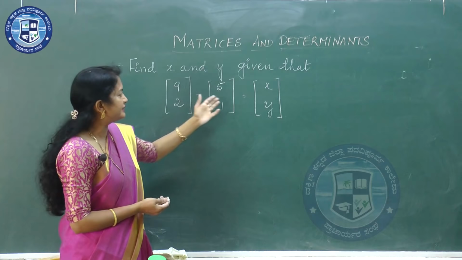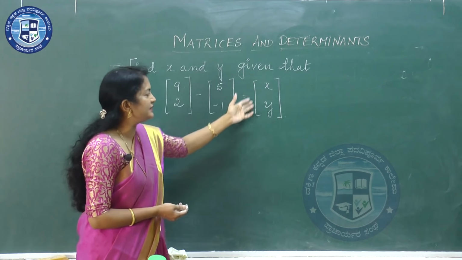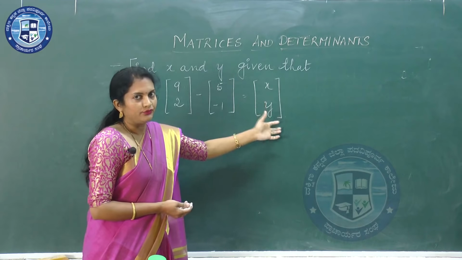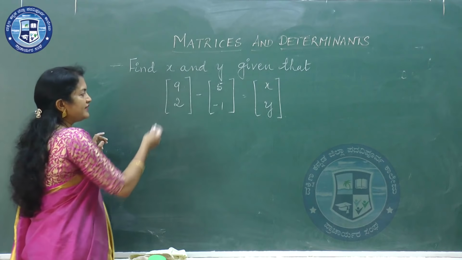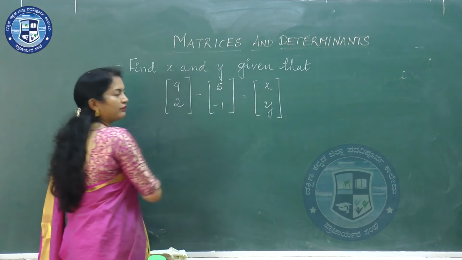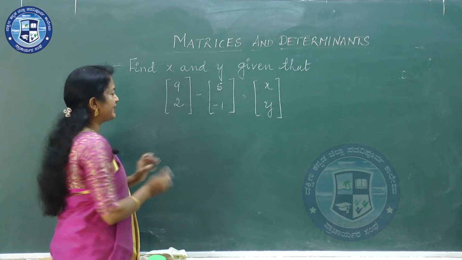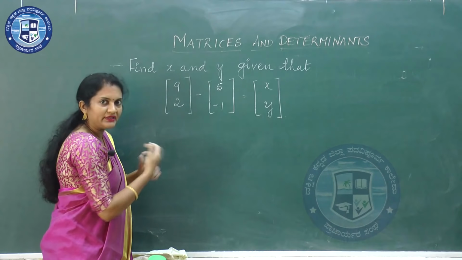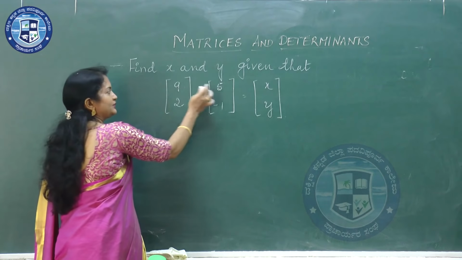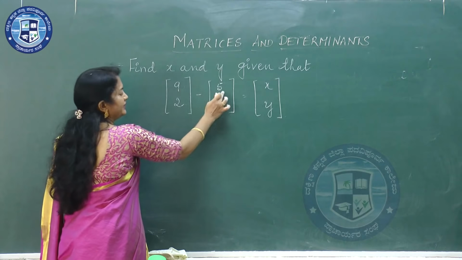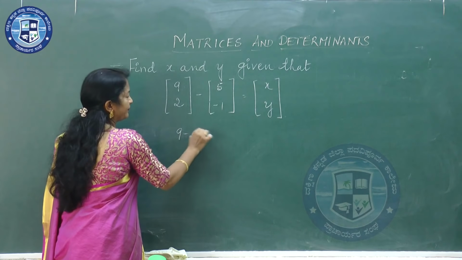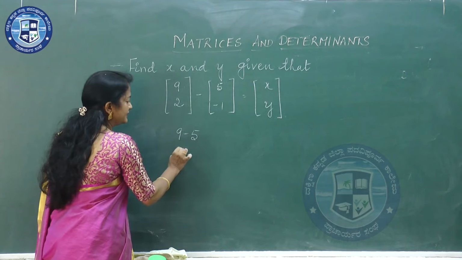Now the question is: find x and y, given that the row matrix 9, 2 minus another row matrix 5, minus 1 is equal to x, y. First we will do the difference of these two matrices. While doing the subtraction, we take the corresponding elements. So 9 minus 5, 2 minus of minus 1.